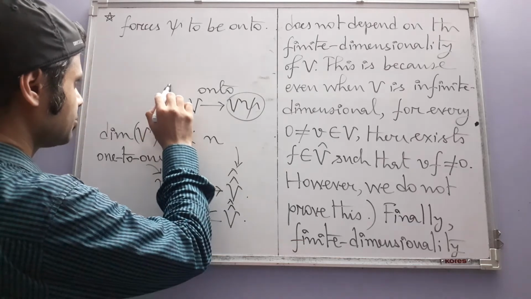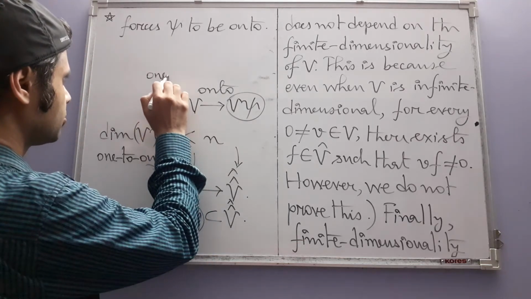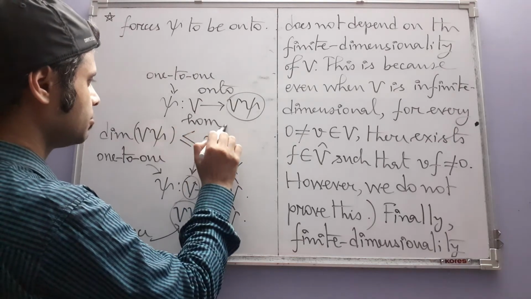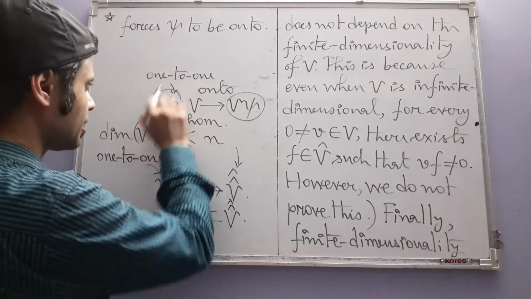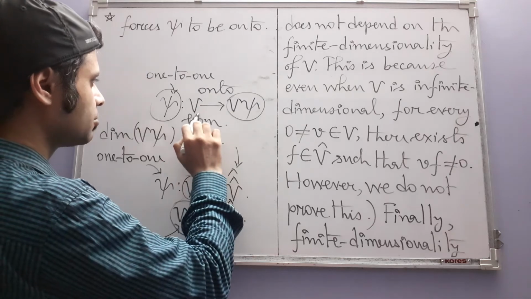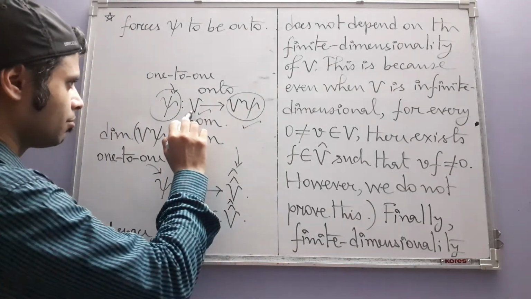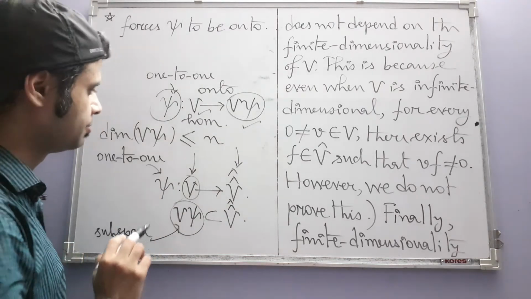But at the same time, psi is one-to-one and it's a homomorphism. So that means psi is an isomorphism of V onto V psi. So they must have the same dimension.